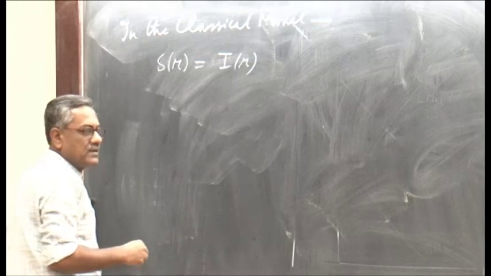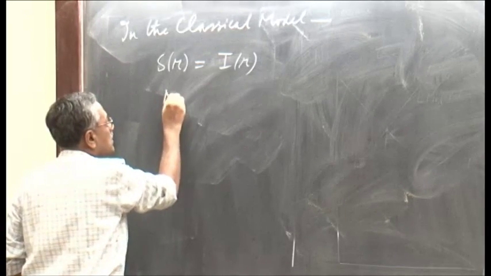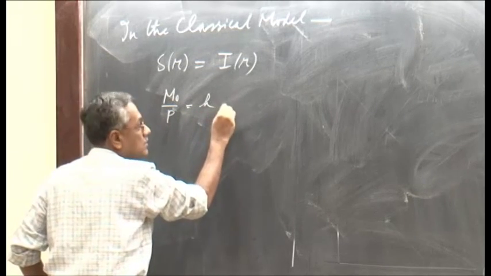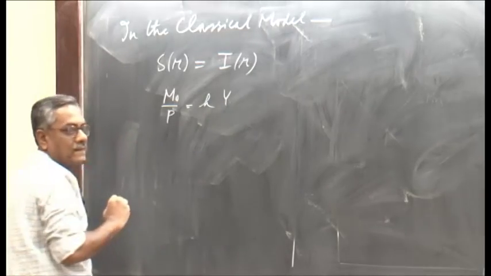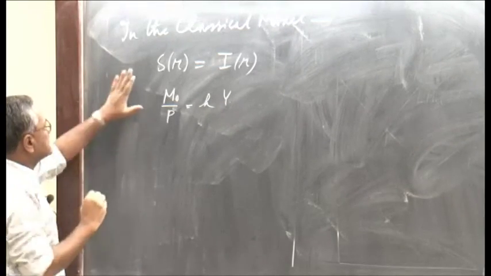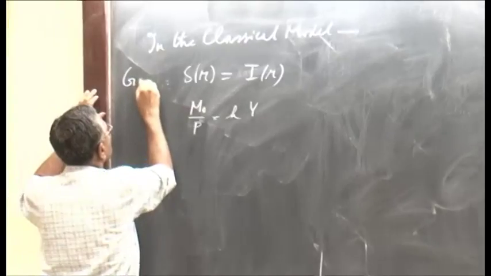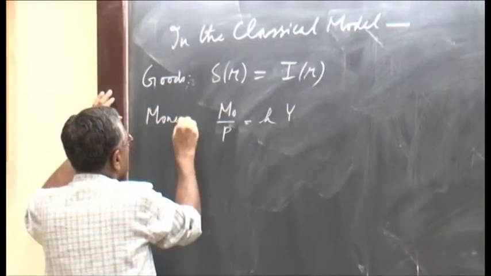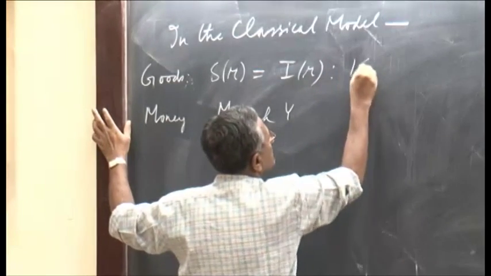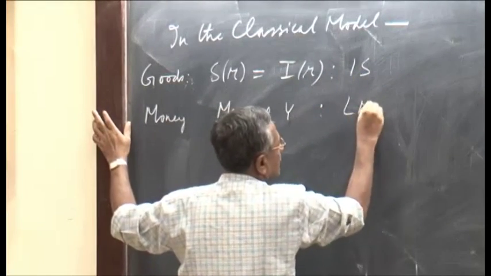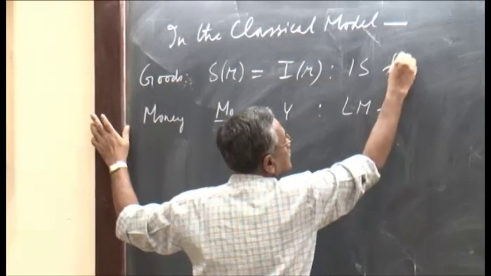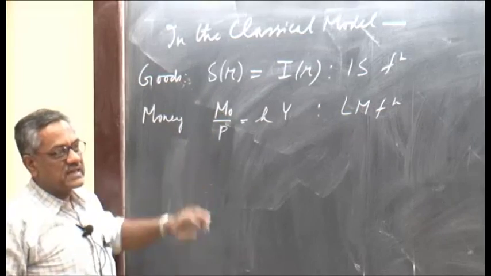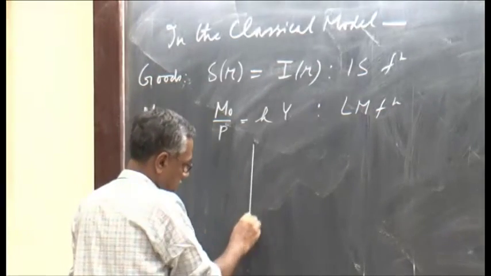The money market was M naught over P is equal to H Y. So if this is the goods market and this is the money market, this should give me an IS function, and this should give me an LM function. So if you draw this classical IS function, what will it be?